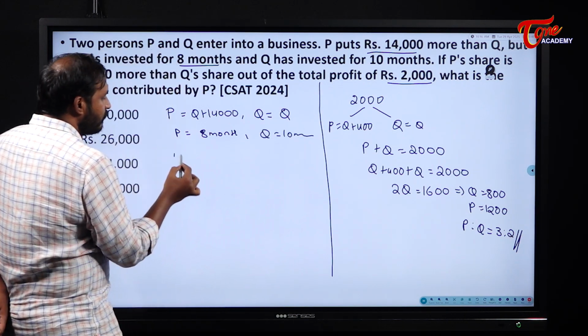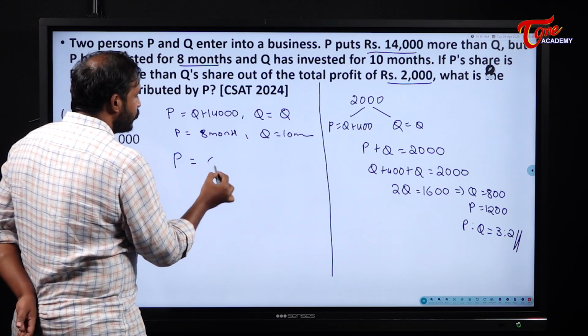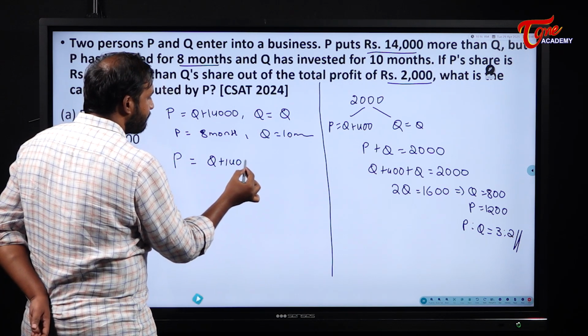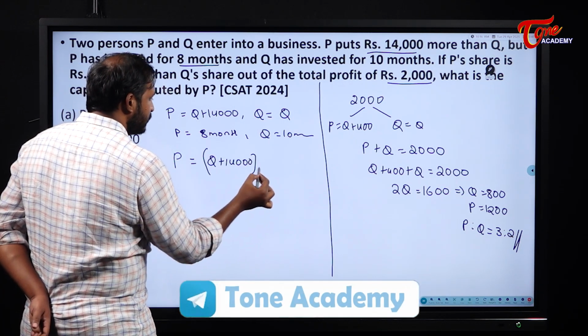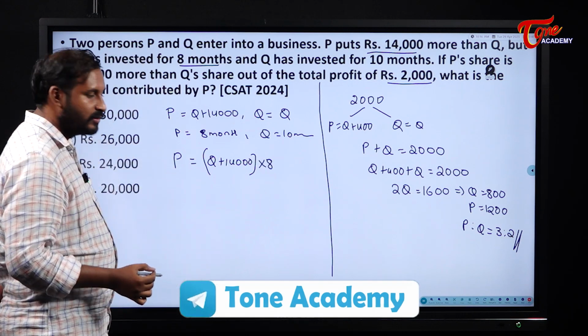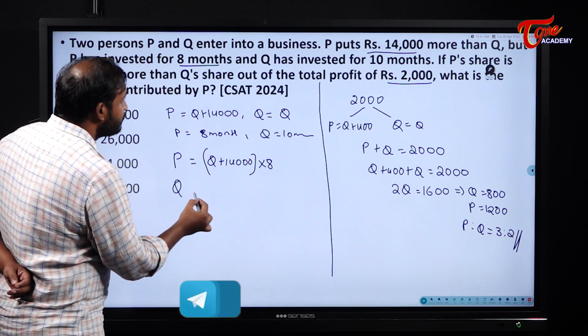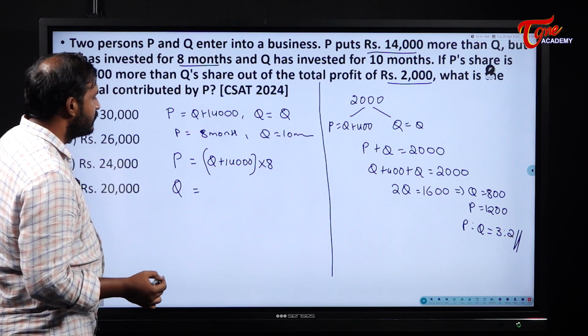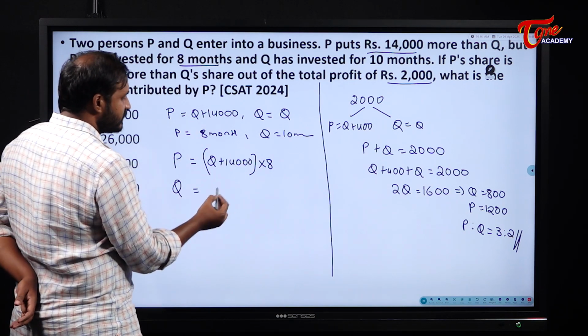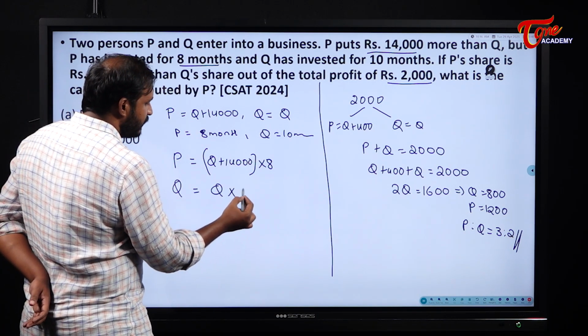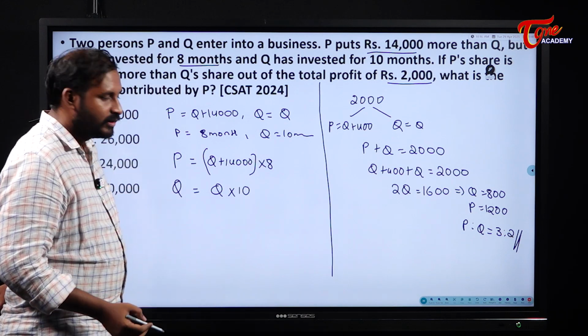So now tell me what is the overall P's investment? Q plus 14,000 into 8 is P's investment. And what is Q's investment here for us? Q into 10 months.